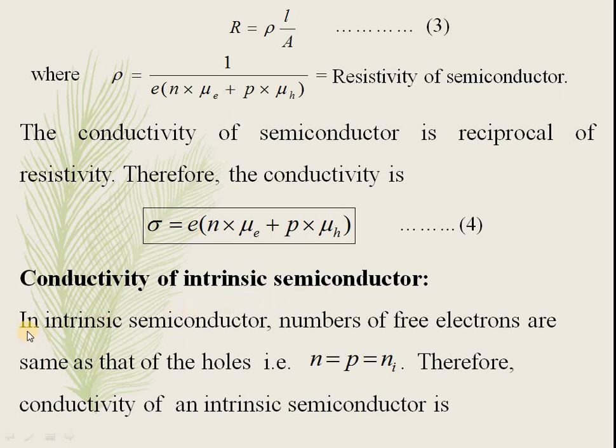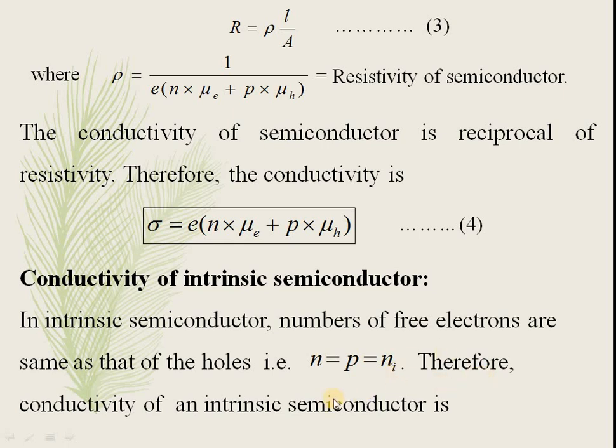Friends, as we know, in an intrinsic semiconductor the number of free electrons is the same as the number of holes. We can write this as n, the number of free electrons, and p, the number of holes. n and p are both equal, and for this we use another symbol, ni, i for intrinsic.